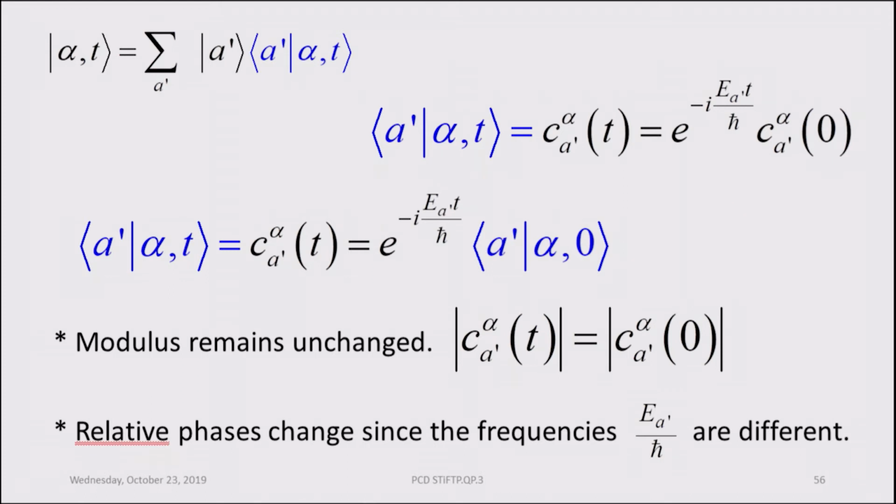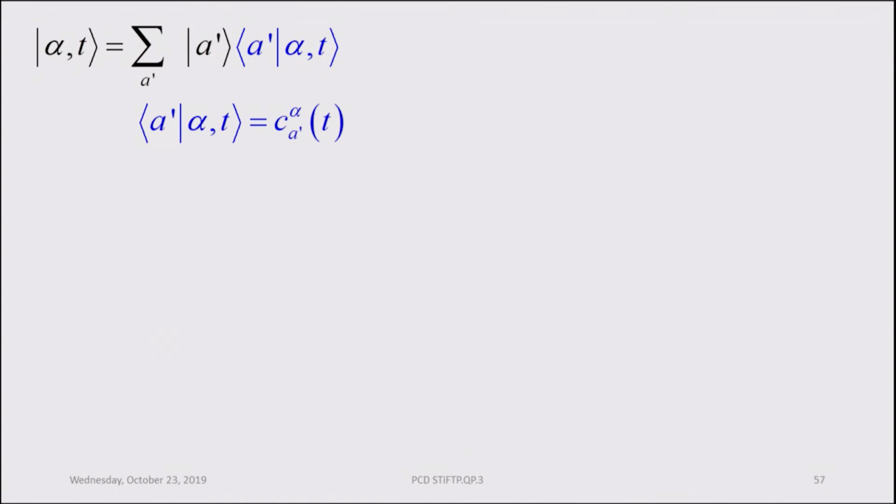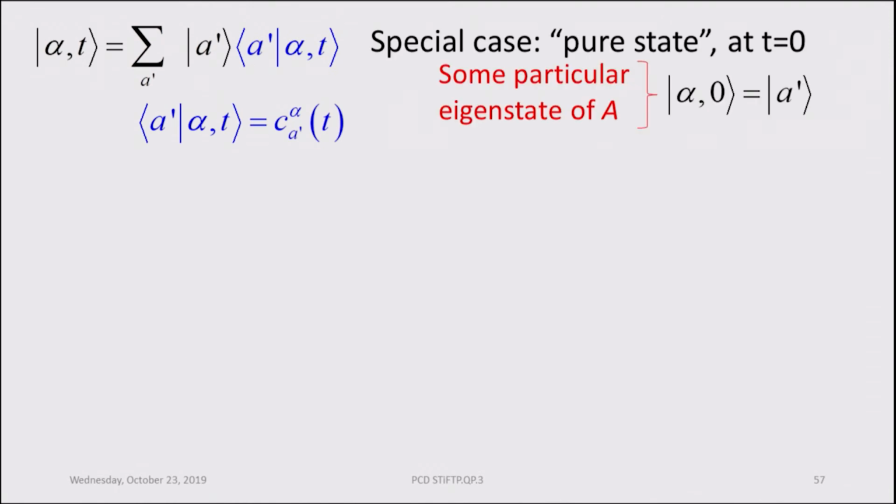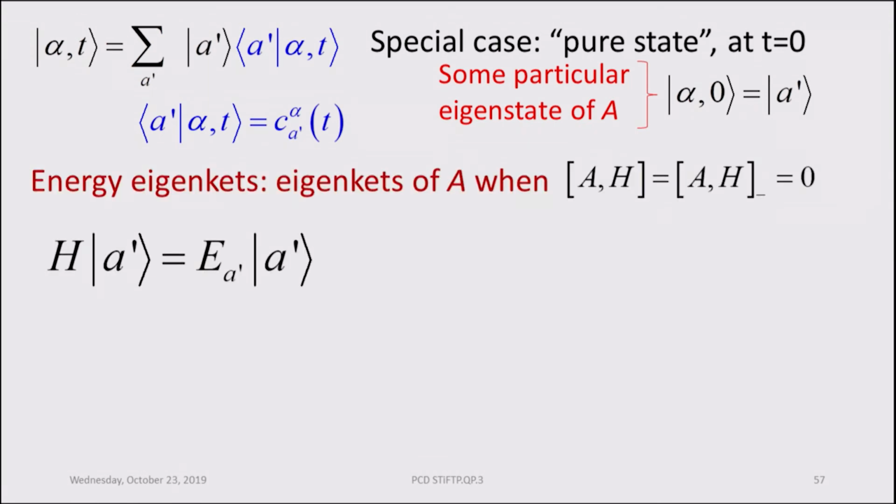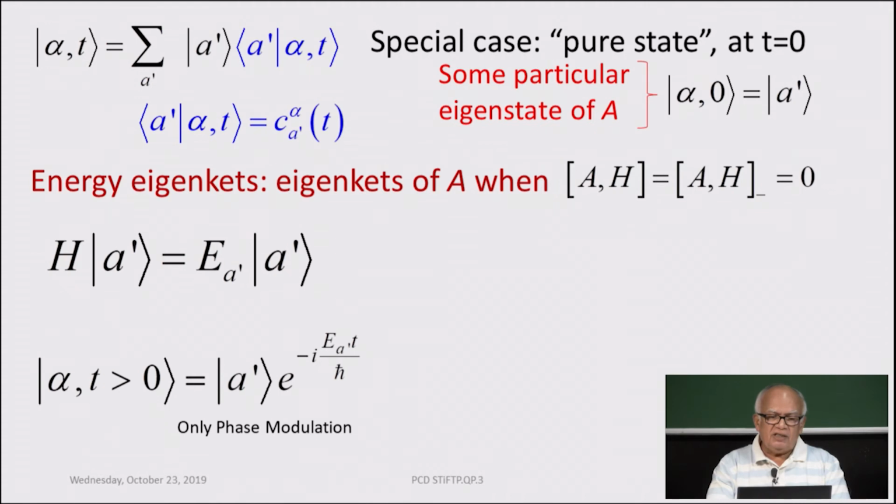So, if you have a pure state to begin with, okay, if you have a pure state which is a particular eigenstate of A, then it is going to remain in the same state.